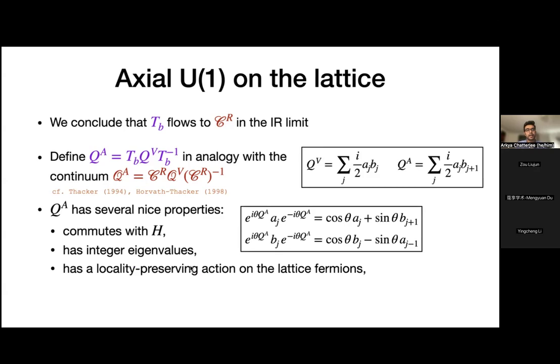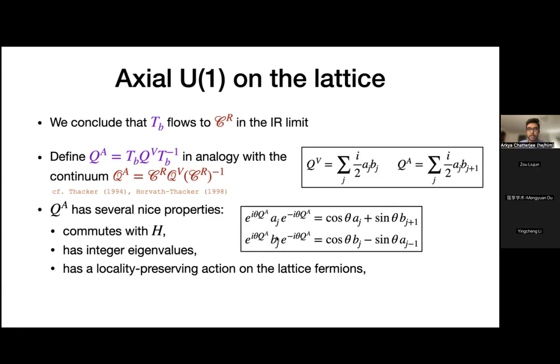QA also acts in a locality preserving manner on the fermions. So if you conjugate, let's say, A at site J by e to the i theta QA, this is the theta rotation of the axial charge, it mixes it only with the B fermion on a neighboring site.